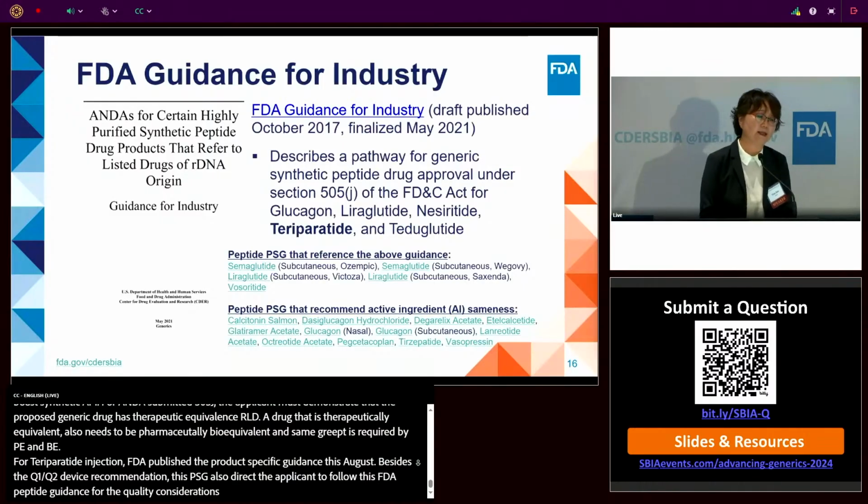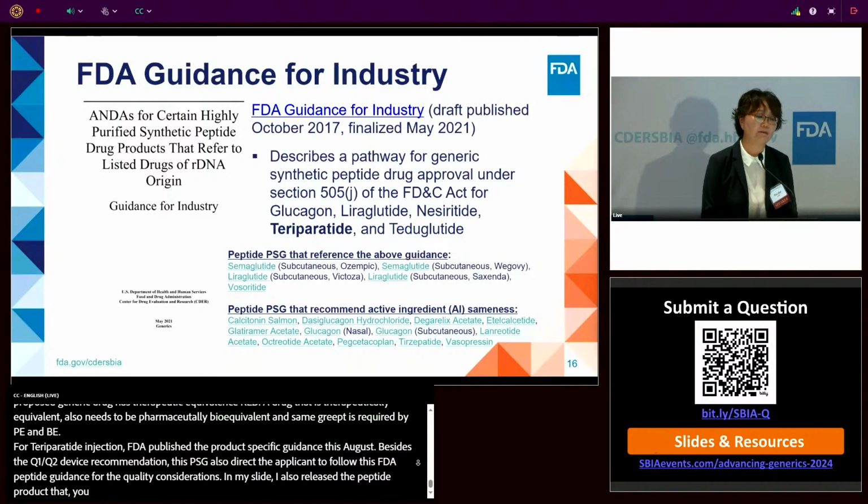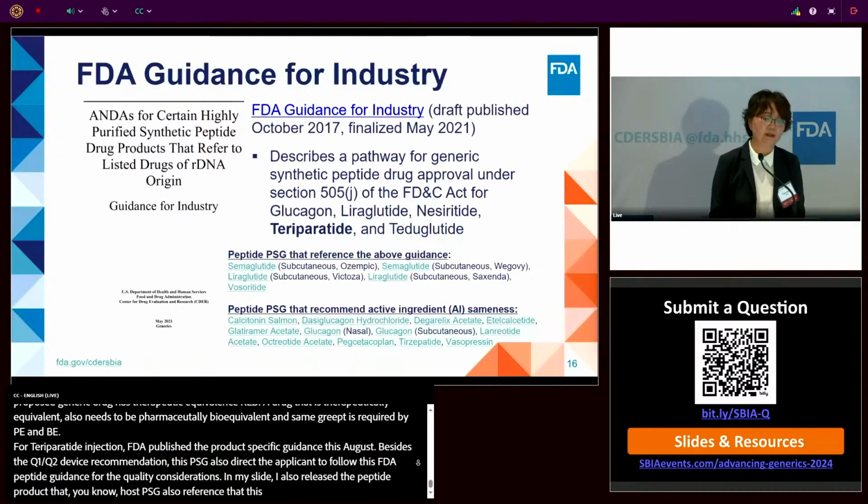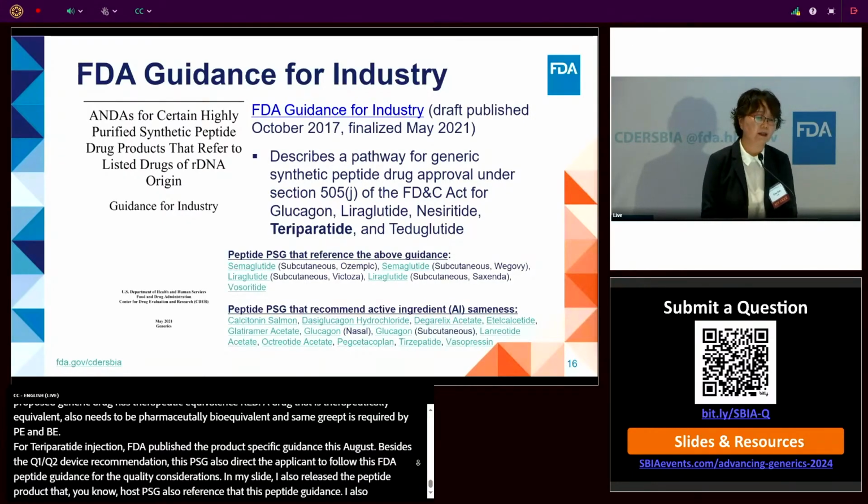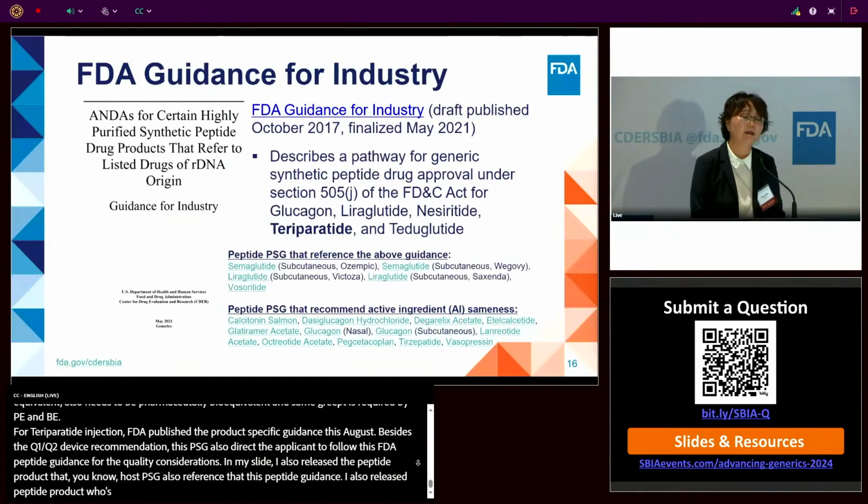In my slides, I also list those peptide products whose PSG also reference this peptide guidance. I also list those peptide products whose PSG recommend active ingredient sameness.